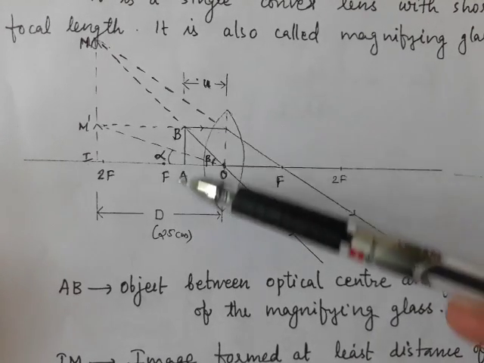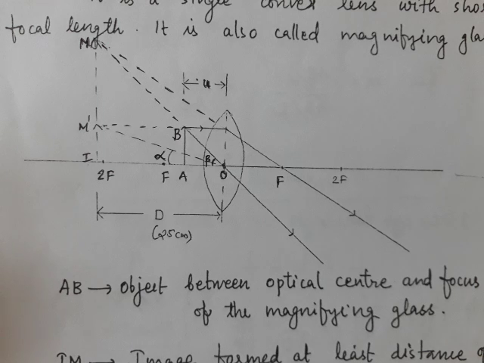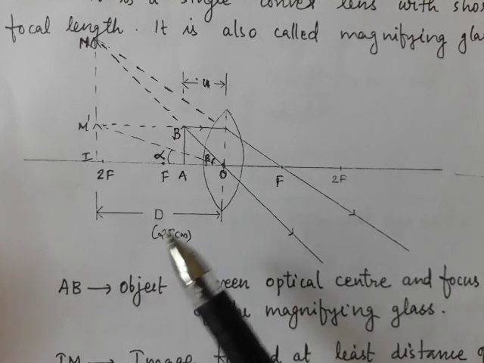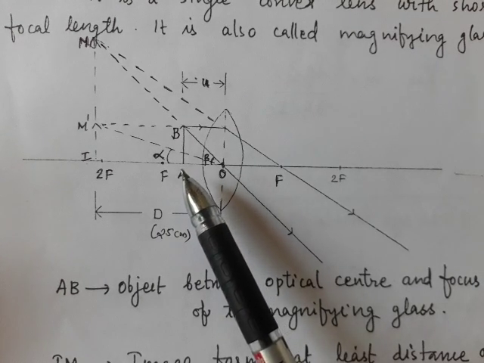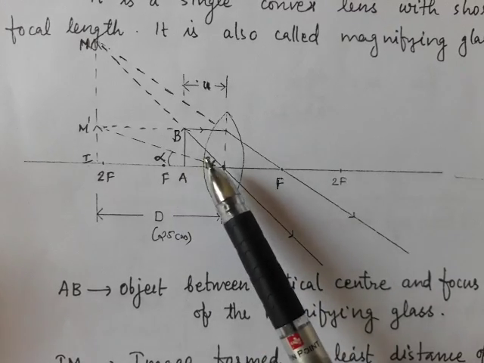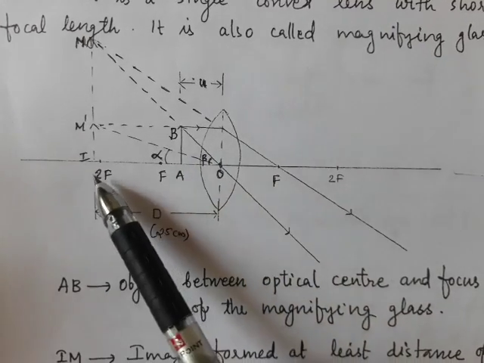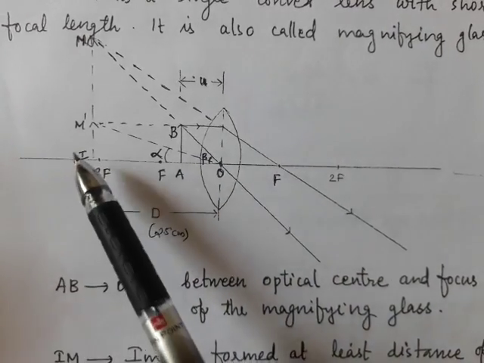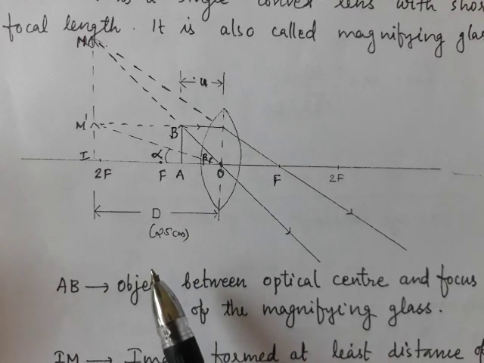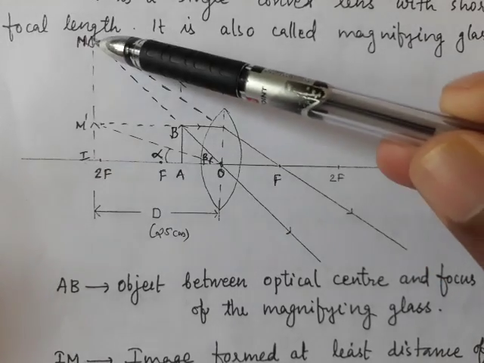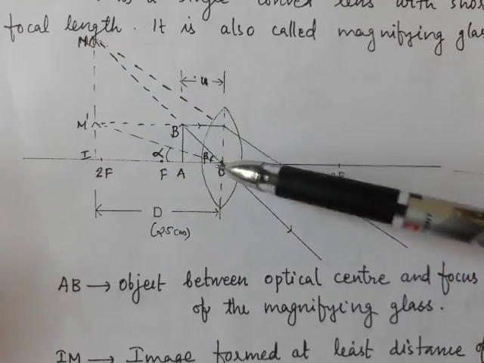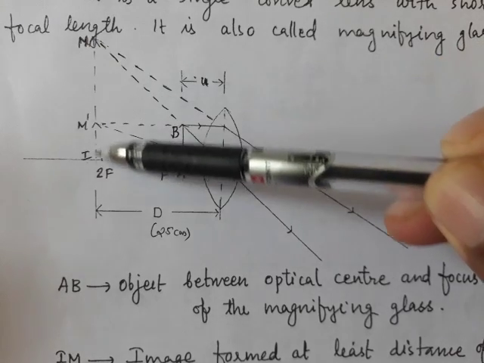Now when you observe this object, its image will be formed almost at 25 centimeter, so that you can see the image very clearly. So let IM stand for the image formed here. This is the object, this is the image formed.